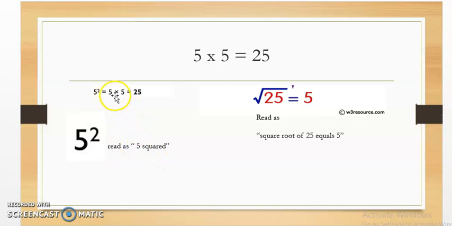So if it was 5 into 5 into 5, multiplying 5 three times, we would have written it as 5 cube, that is 5 to the power 3. So 5 square is 25, and in the reverse we say root of 25 is 5, that is it is read as square root of 25 equals 5. So if 5 square is 25, in the reverse root 25 is 5.